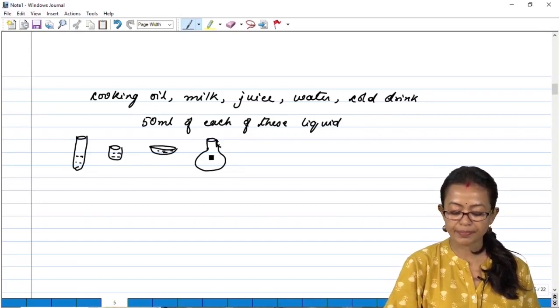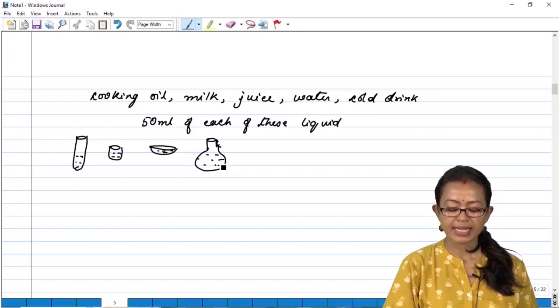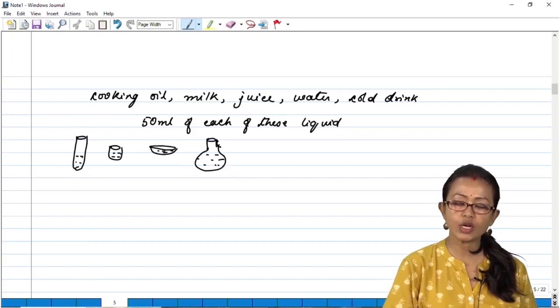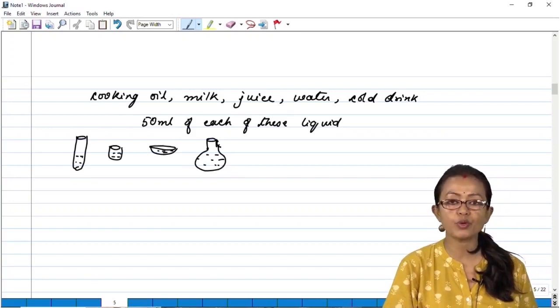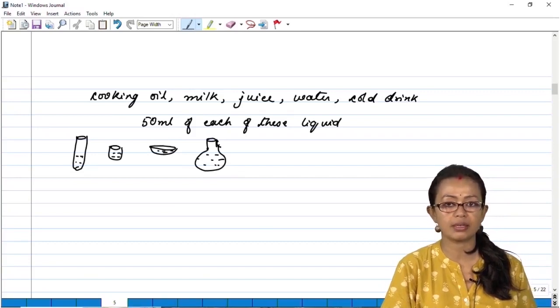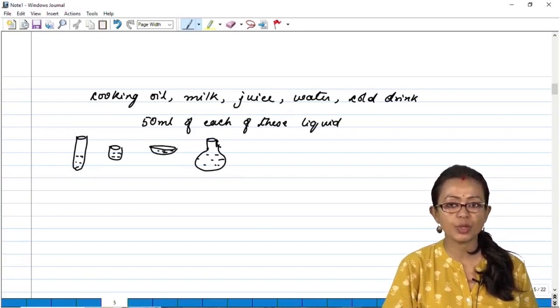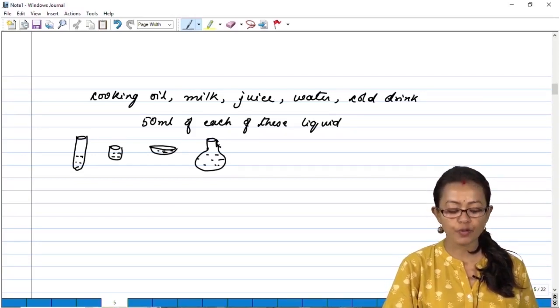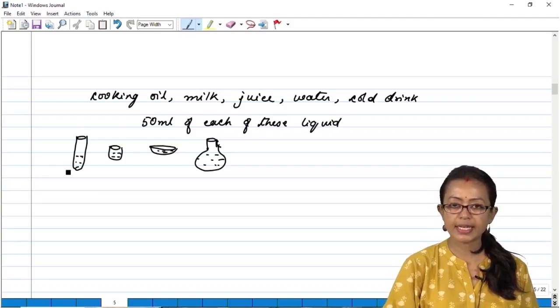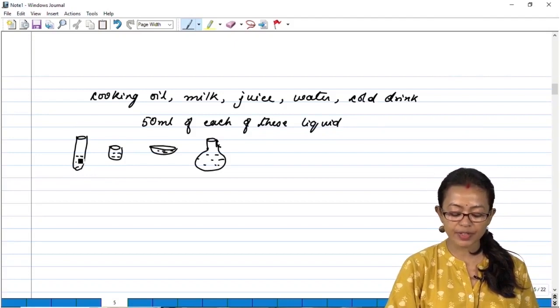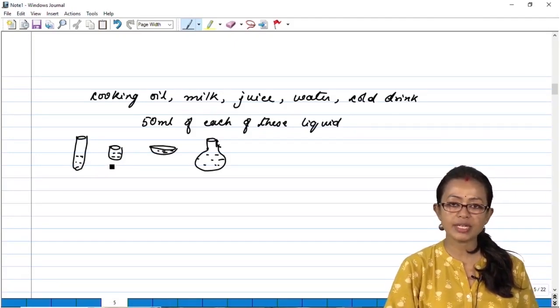We place them. Now what would you find? Whichever container of whatever shape you are taking, the liquid also takes the shape of that container. That clearly indicates the liquid does not have a definite shape. For instance, in the first container, if I take cooking oil and then transfer it carefully to the next one, you find that the cooking oil has now taken the shape of the small container.